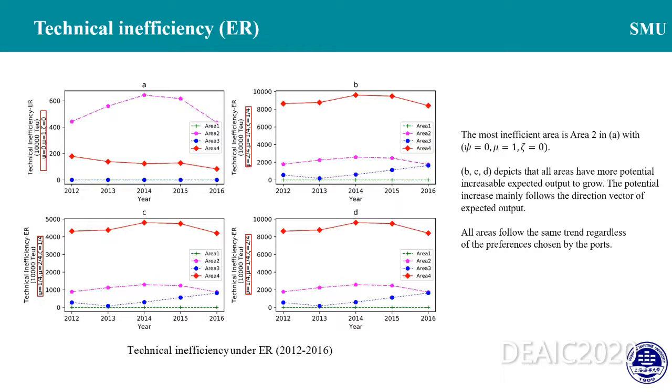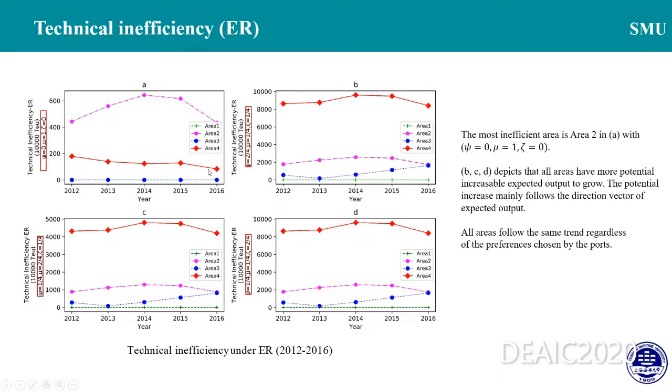As can be seen clearly, picture A shows that area 1 and area 3, area 1 being the green line and area 3 the blue line, have zero output to increase, which means they have higher technical efficiency. Area 4 is the red line here.